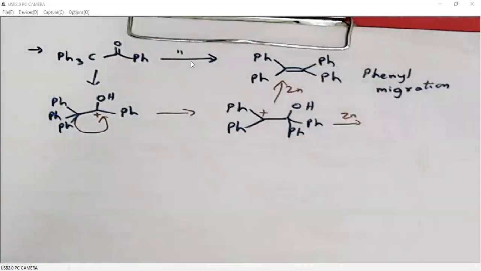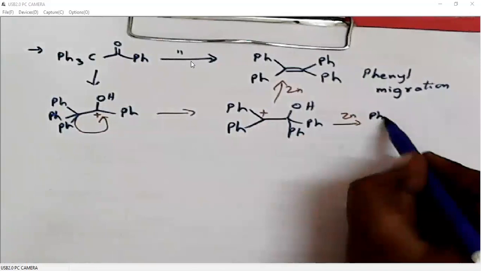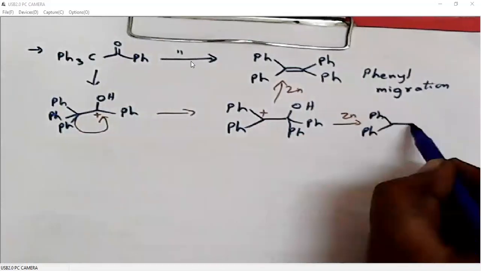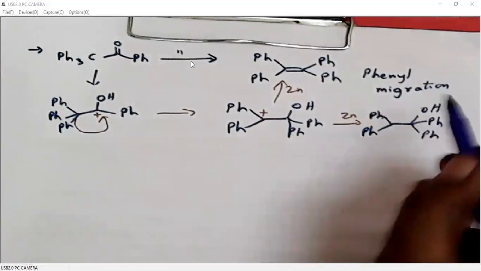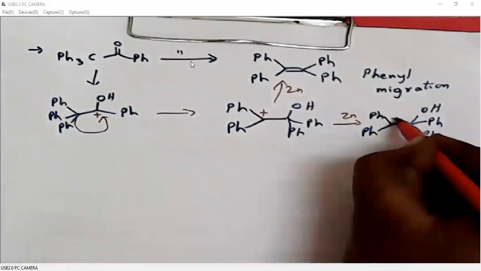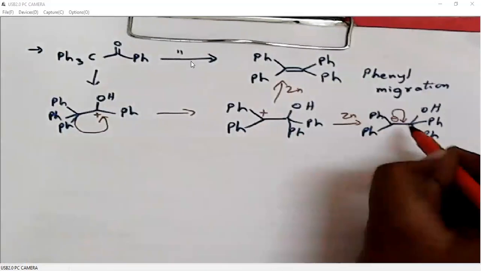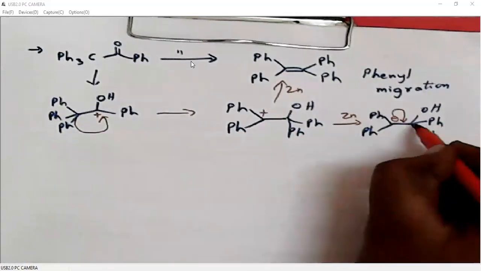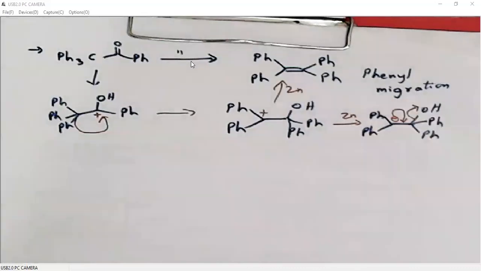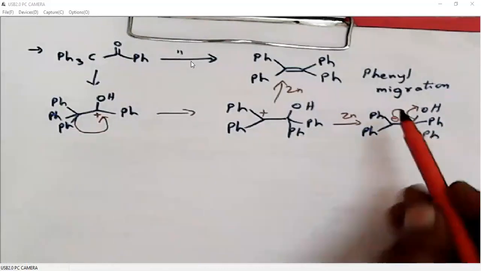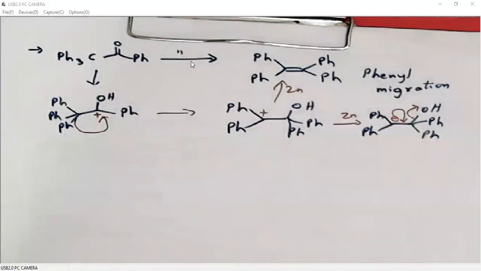So the carbocation now will be converted to carbanion. Then this carbanion will polarize towards the other benzene ring, so it generates a carbon-carbon double bond. Then the OH group will be leaving. So under acidic conditions, the OH group can be protonated, so we can take out a water molecule.